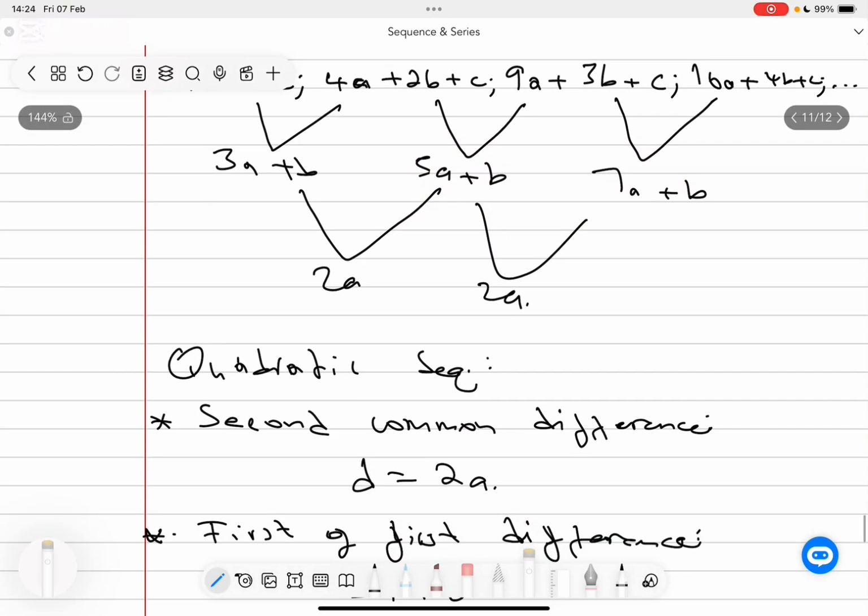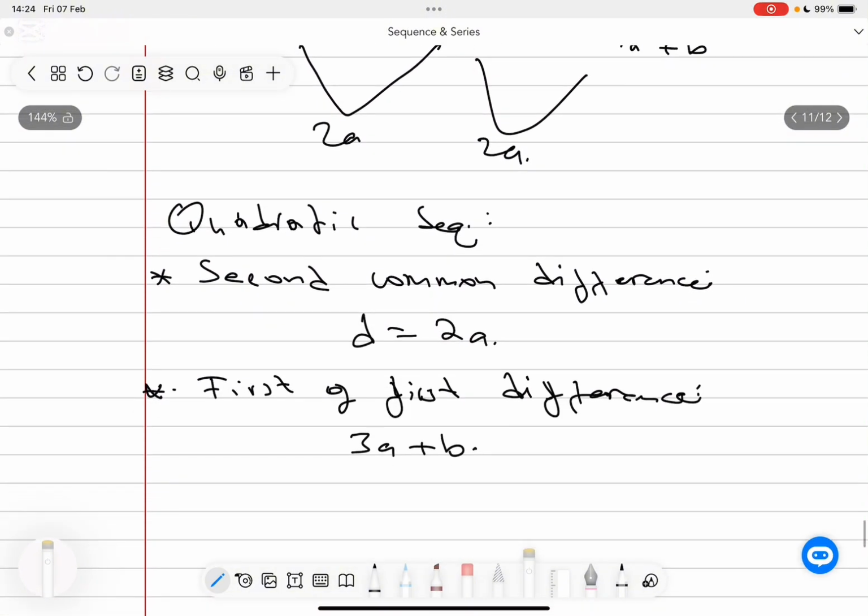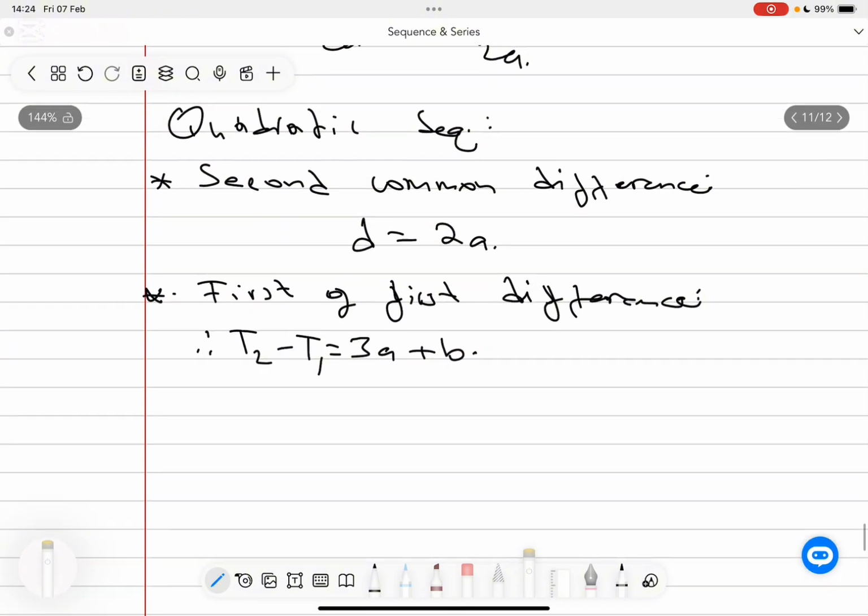So we are noting here that the first of the first difference is actually 3a plus b. It will always be like this. Even the second of the first difference will always be given by this number, 5a plus b, and so on. This will continue just like that. Now, this here means that term 2 minus term 1 will give us this 3a plus b, the first of the first difference.